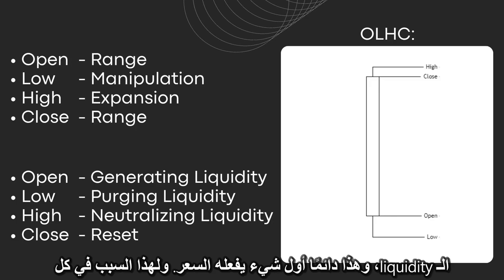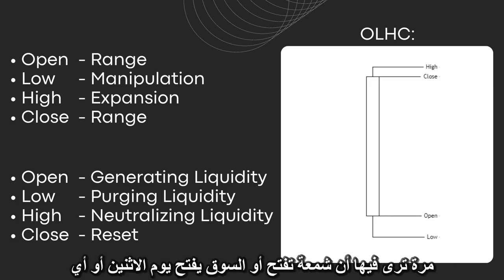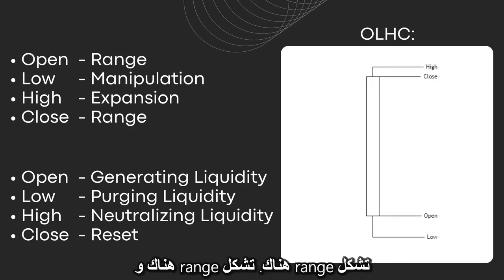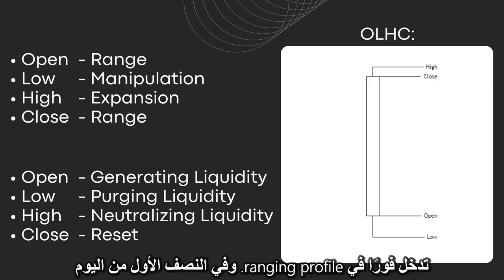That's why every time you see a candle open, or the market open on Monday, or any other single candle open, more often than not you're going to see that it forms a range there, and it immediately goes into a ranging profile, right?